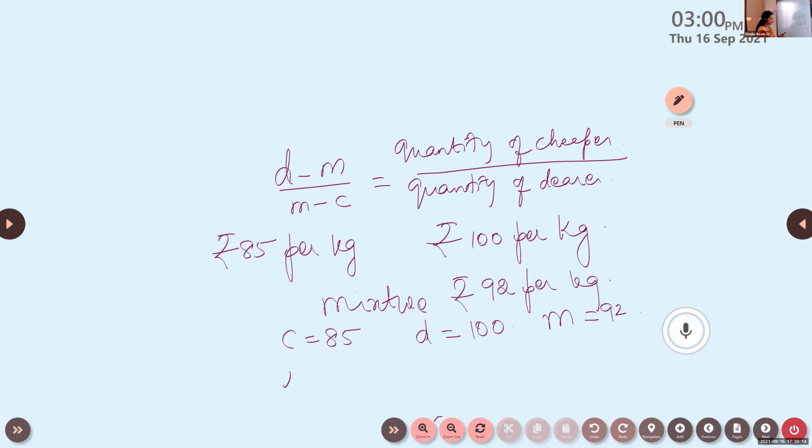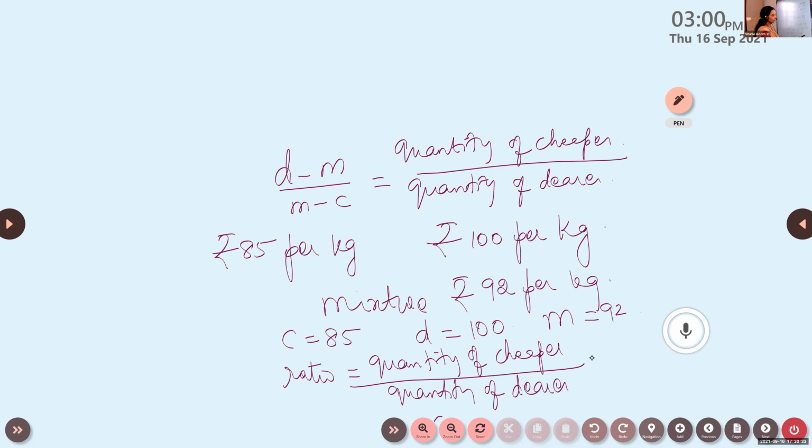The ratio is the quantity of the cheaper by the quantity of the dearer, which is (D minus M) by (M minus C). Substitute it and find the ratio.